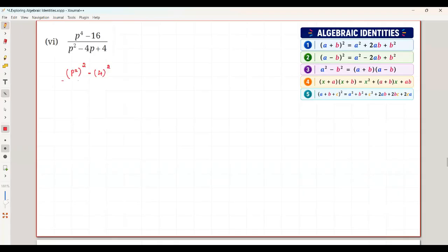Now, for the denominator we can use the identity. This is in the form of a square minus 2ab plus b square, a perfect square.